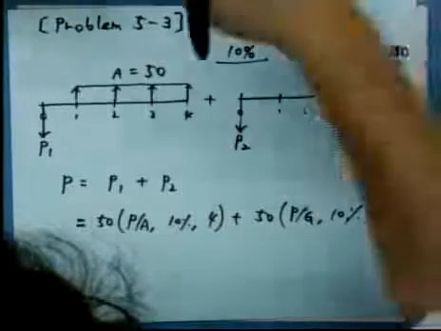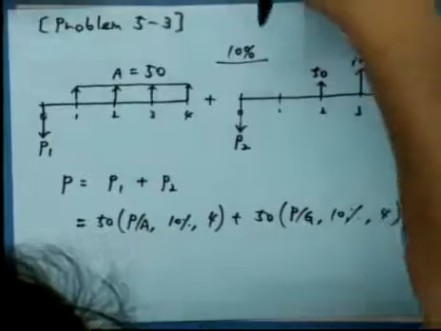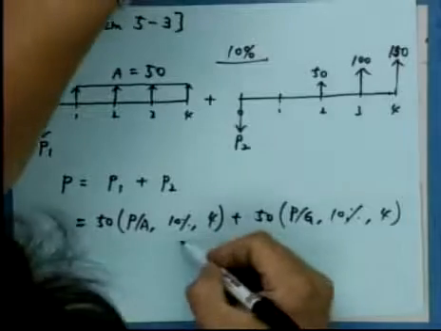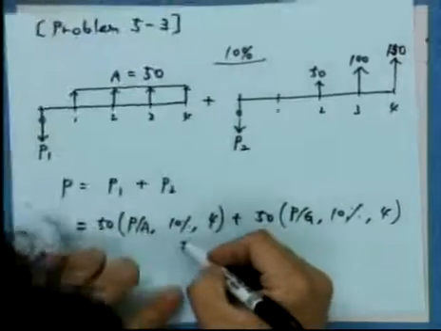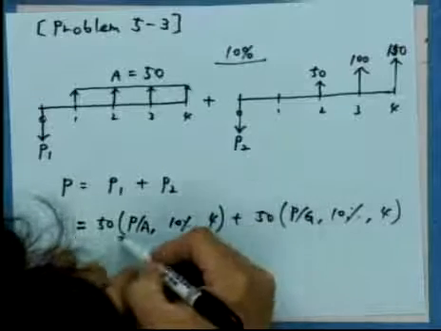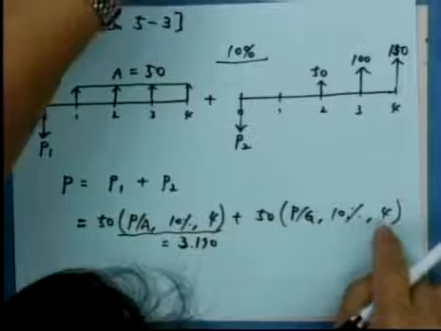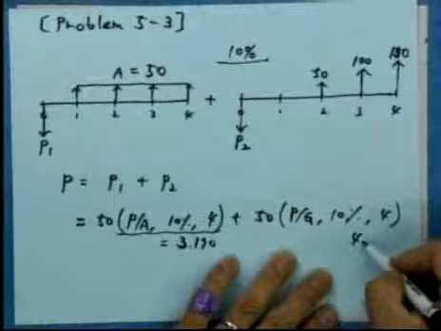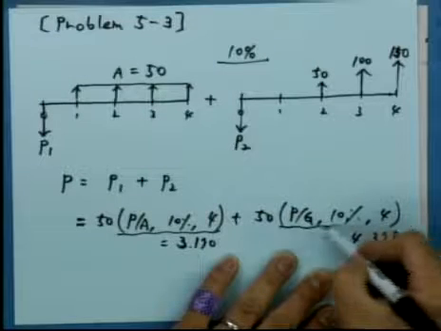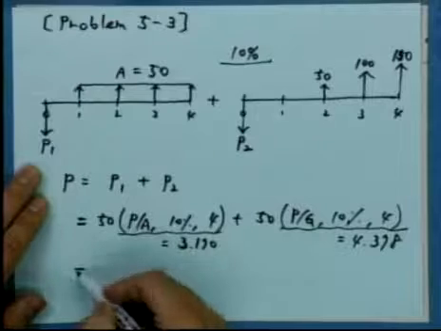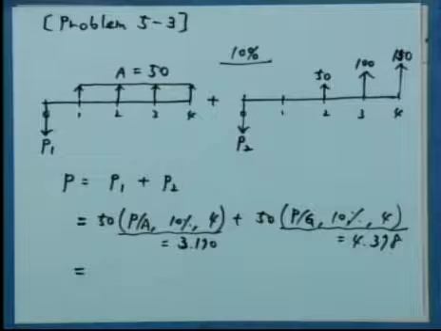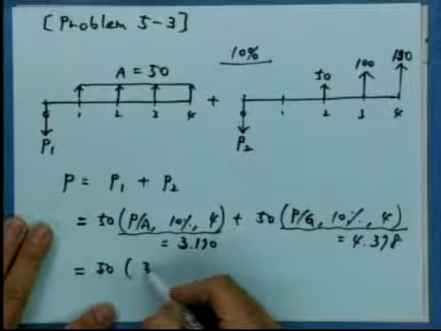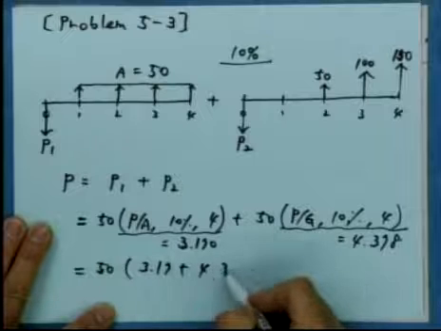You need to look at our text page number 613. P given A over 4 periods is 3.170. P given G is 4.378. So how much is this? That's going to be 50 times 3.17 plus 4.378.